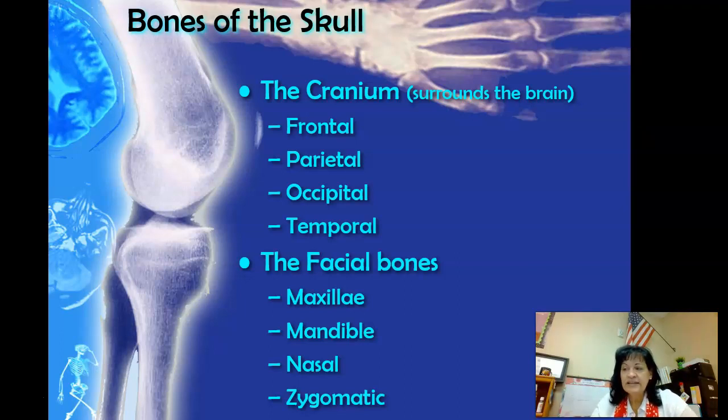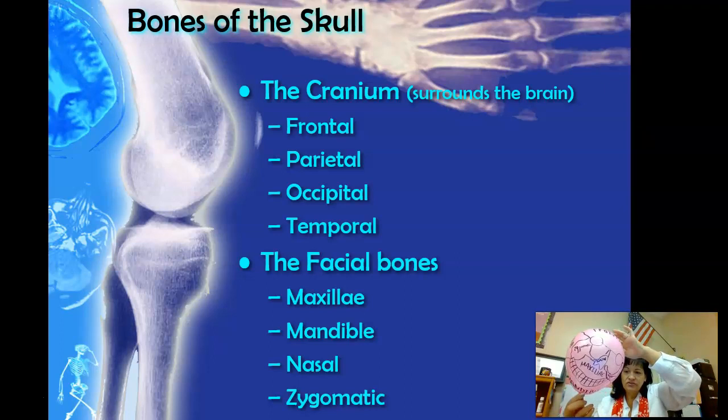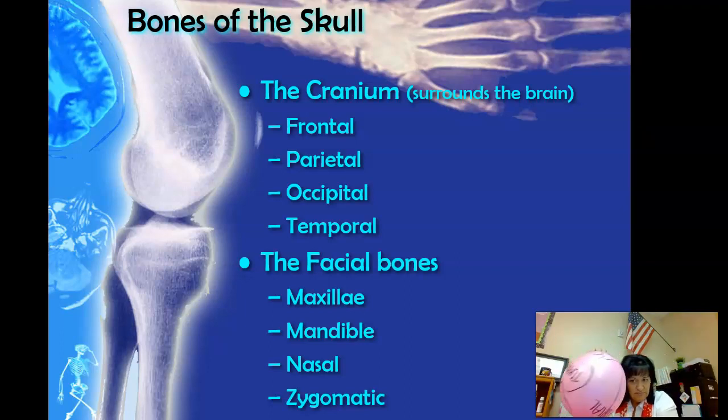And we did this in class. If you want to do this, great. I didn't give points for it, but it was really kind of a fun activity. So the kids blew up a balloon and then drew on it some eyes and then the nose and a mouth, and then put all over it the different bones.